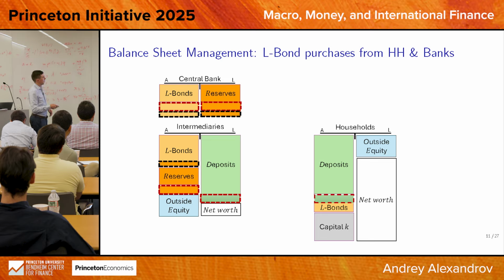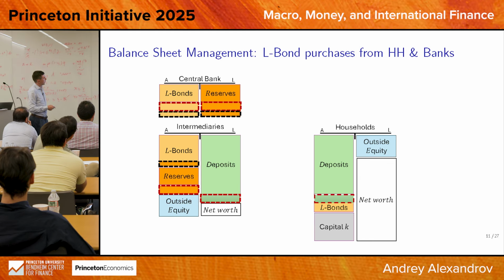That does not in any way affect the household's balance sheet. One thing to see is that by doing any of these operations, you are distorting the distribution of long-term bonds across the two agent types. That's all going to be endogenous, and that's going to be very important in terms of implementation of optimal policy.